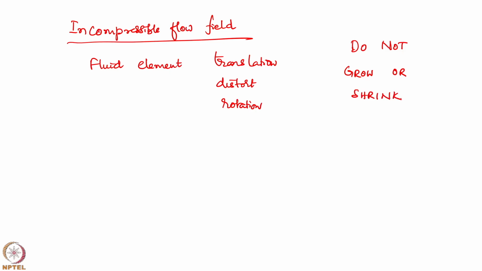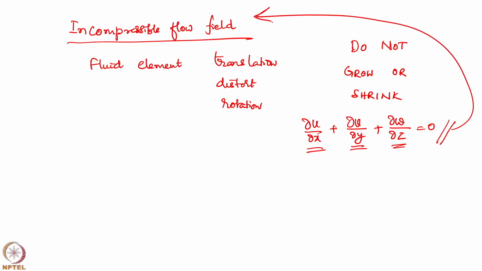Why? Because the change in volume, we saw, is 0. What is the change in volume? Del u by del x plus del v by del y plus del w by del z was 0. There can be stretchings, but they lead to corresponding compression, and the net change in volume is 0 in an incompressible flow field.